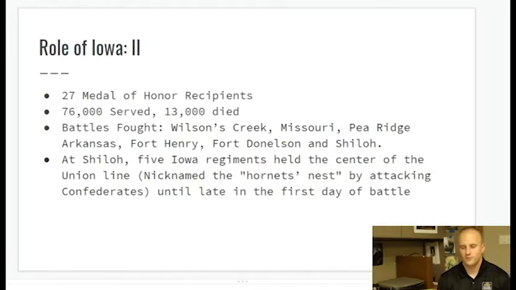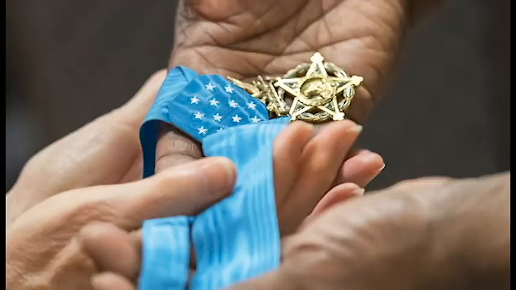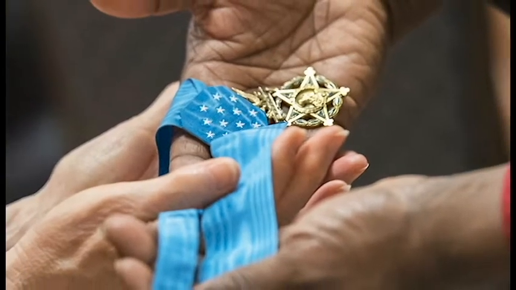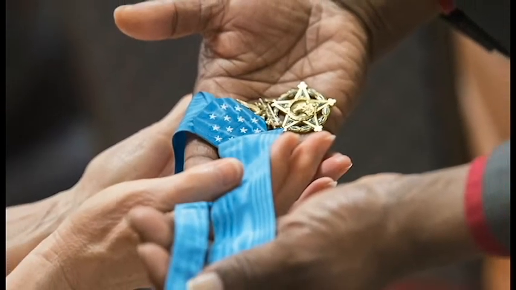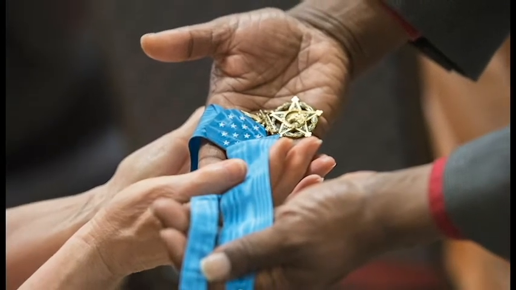Aside from General Kirkwood, there are other important things to note about Iowa's role, among them Medal of Honor recipients. Iowans, people with ties to Iowa, had 27 Medal of Honor recipients. Why is that important to note? Where have you heard of the Medal of Honor before? What does that mean?